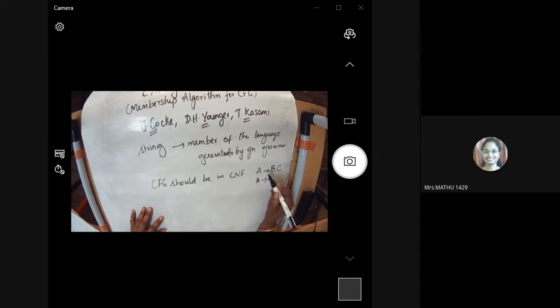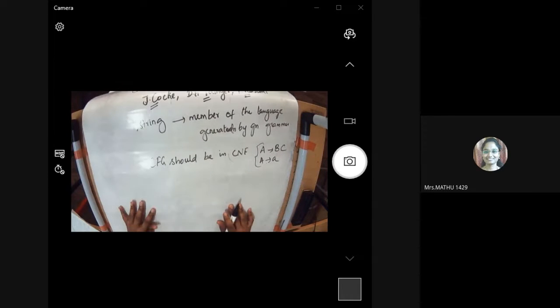This is the condition for Chomsky normal form. Only if the context free grammar is in Chomsky normal form can this CYK algorithm be applicable.